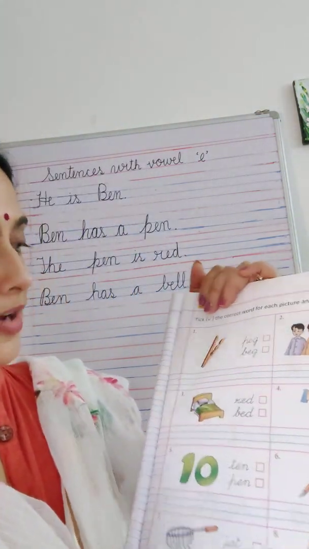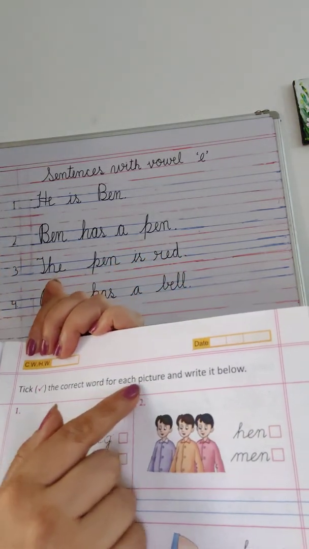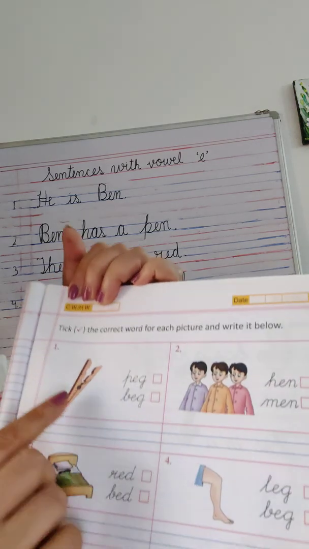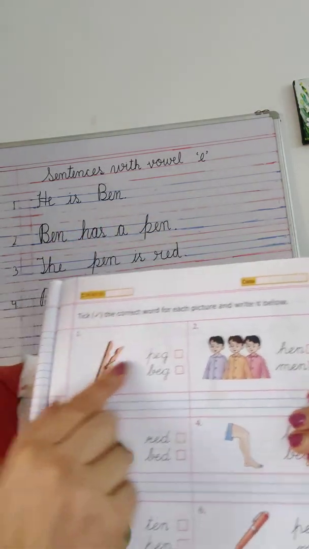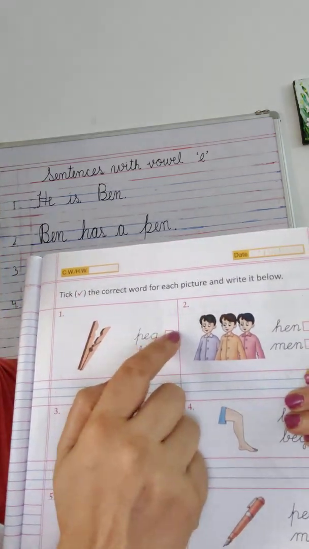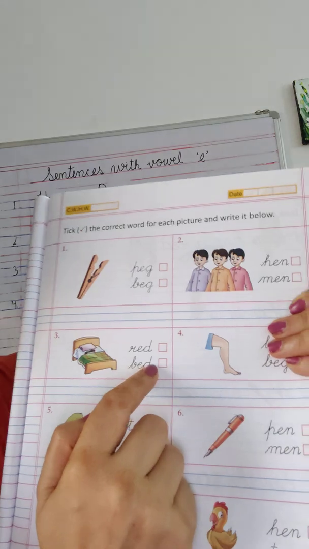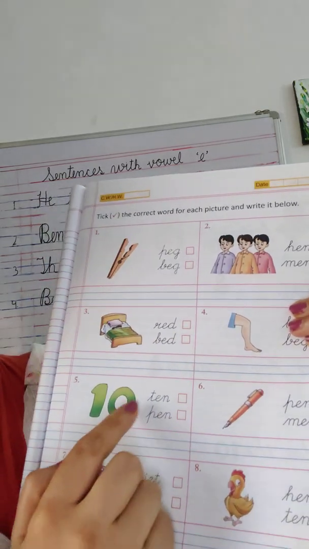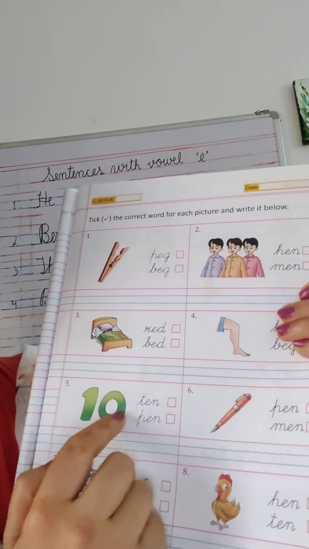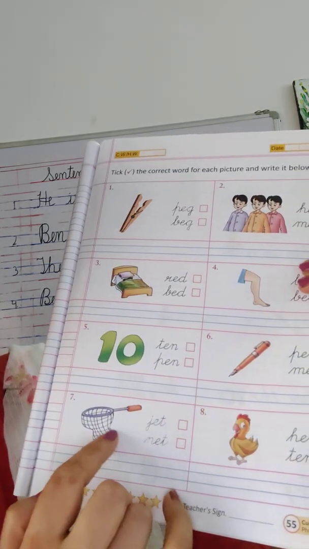Now page number 55. You have to tick the correct word for each picture and write it below. Peg or bag? This is a peg, so tick it here and write. Red or bed? This is a bed. Ten or pen? Ten. Jet or net? Net.